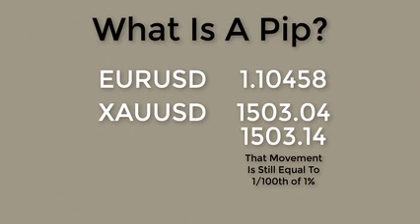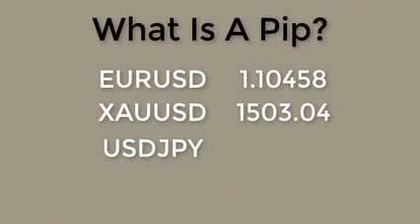Again, that's what a pip stands for. Let me give you another example. Dollar yen is one of the most widely traded pairs in the world. USD is the base pair, and the yen is the quoted pair.